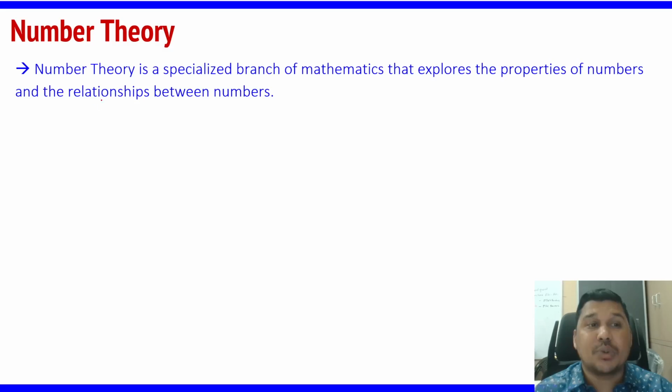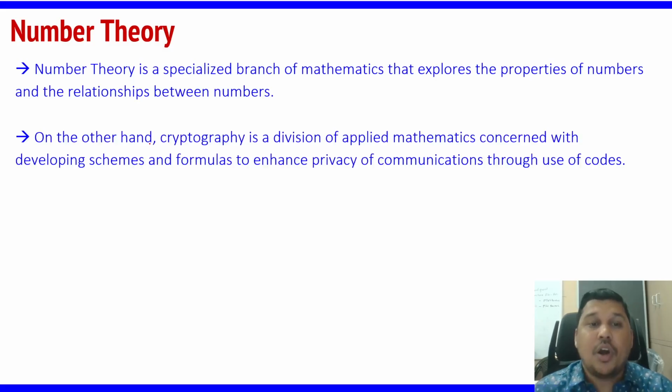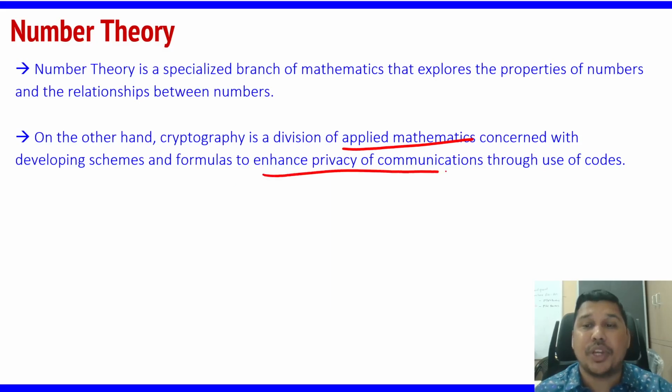So number theory is a specialized branch of mathematics that explores the properties of numbers and their relationships. On the other hand, cryptography is a division of applied mathematics concerned with developing schemes and formulas to enhance the privacy of communications. When you write a message in WhatsApp, it is secured, meaning it is encrypted and sent to the receiver, and after receiving, it is decrypted automatically.